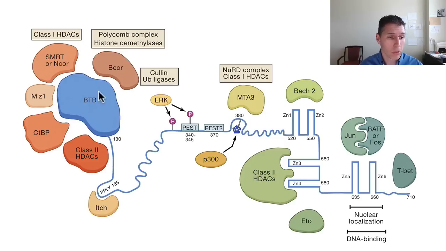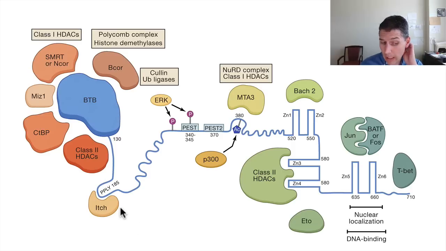BCL6, shown in blue here, is known to interact with a wide range of proteins. And the BTB domain is a well-characterized protein-protein interaction domain. It actually is necessary for BCL6 dimerization with itself, which isn't shown here, but also BCL6 interaction with other co-repressors, as well as direct binding to histone deacetylases.